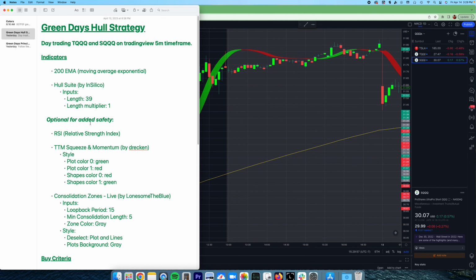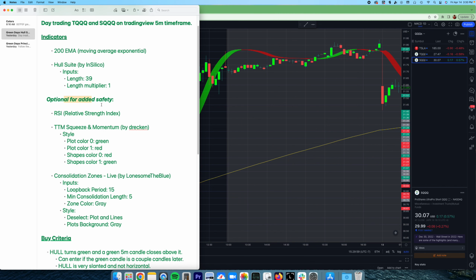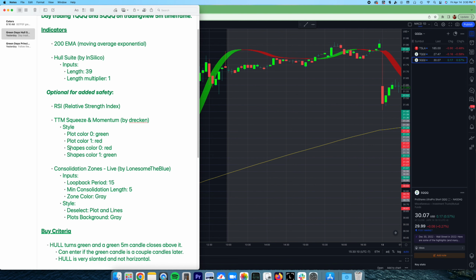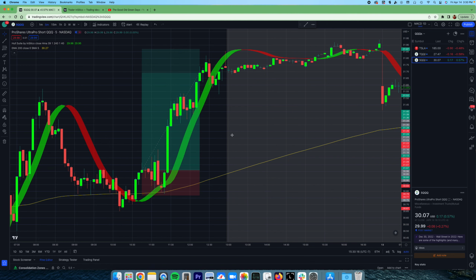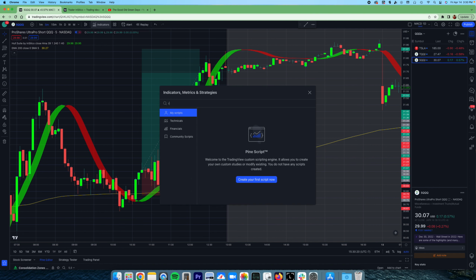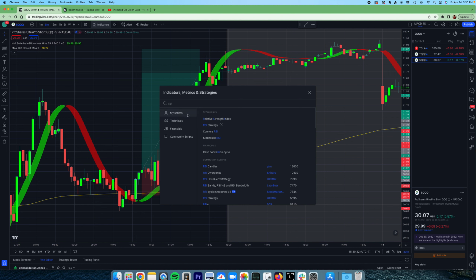Now there's some optional criteria for added safety if you want to add more. That'll help, because I usually go in on large positions doing this, so I can go over what I do for that. So in order to add more indicators though, you need a paid account on TradingView, but it helps, and I think it's like $150 a year.